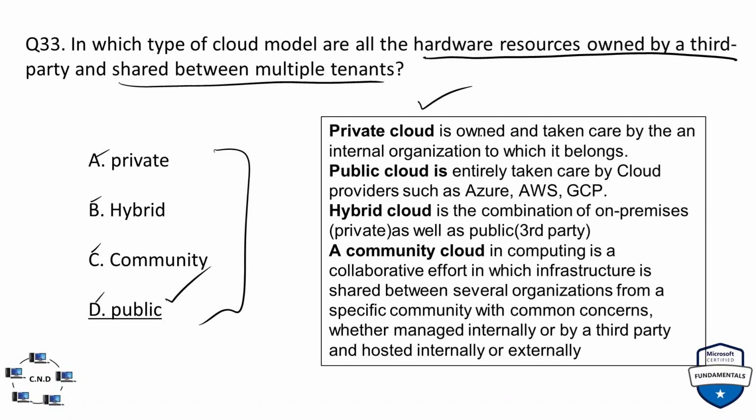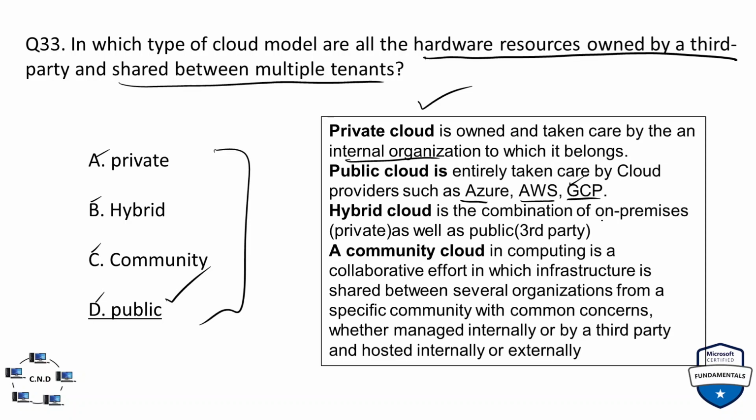So the private cloud is basically owned and taken care of by the internal organization to which it belongs. Public cloud is entirely taken care of by cloud providers such as Azure, which is provided by Microsoft, AWS, which is provided by Amazon, and GCP, which is provided by Google.